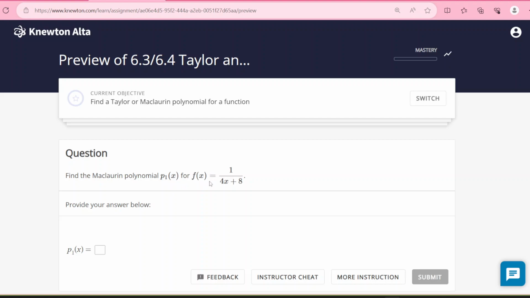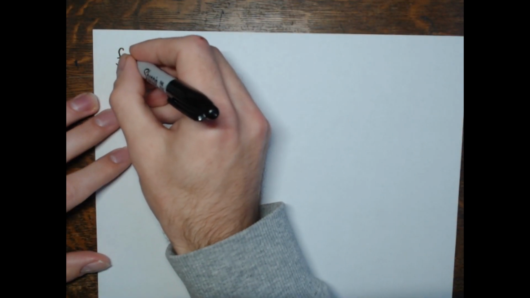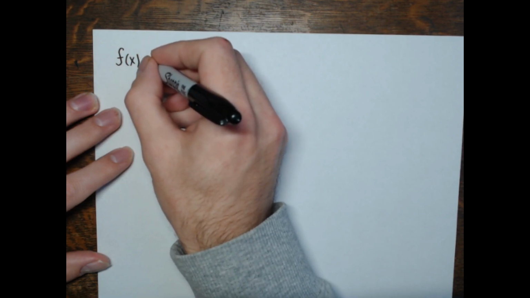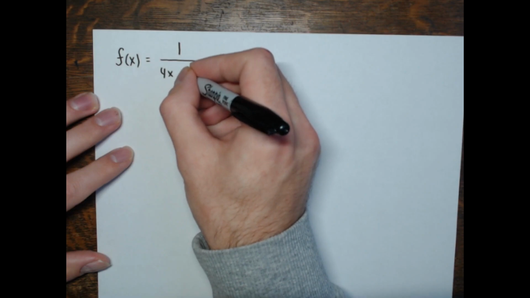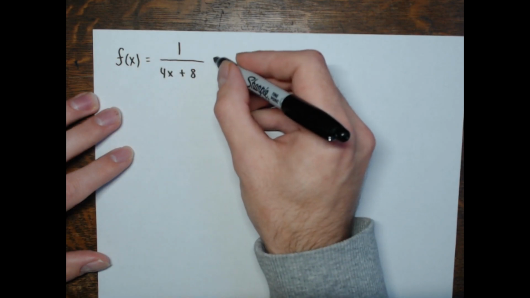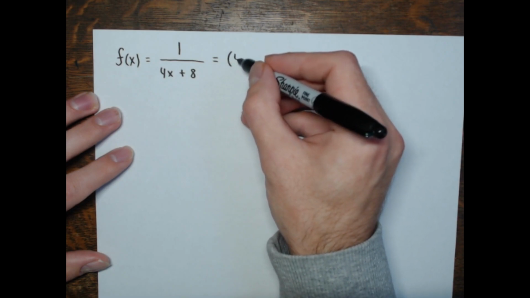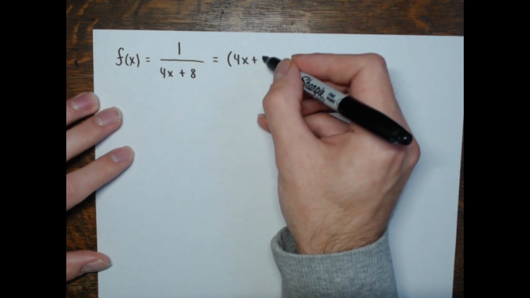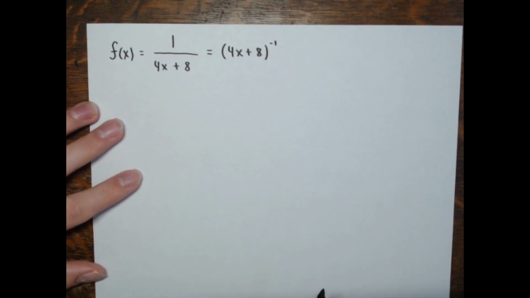The function we're writing a Maclaurin polynomial for is f of x equals 1 over 4x plus 8. Since I'm going to be doing derivatives, I'm going to think of this as 4x plus 8 to the negative 1 power. That's our function f.